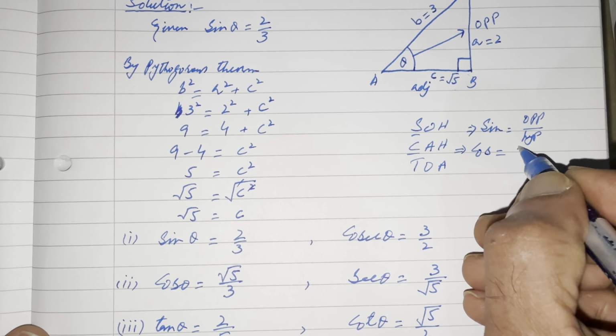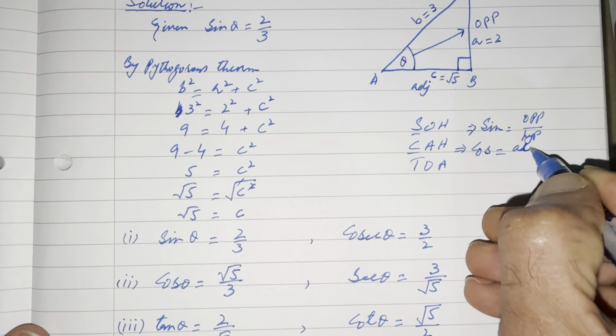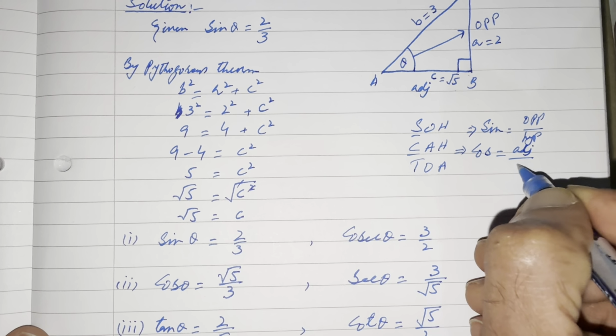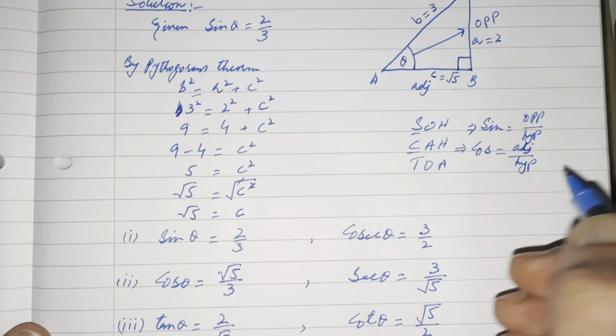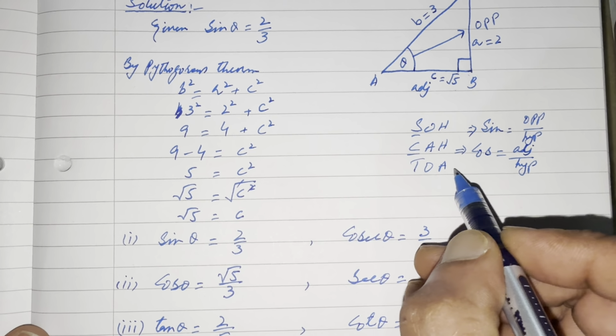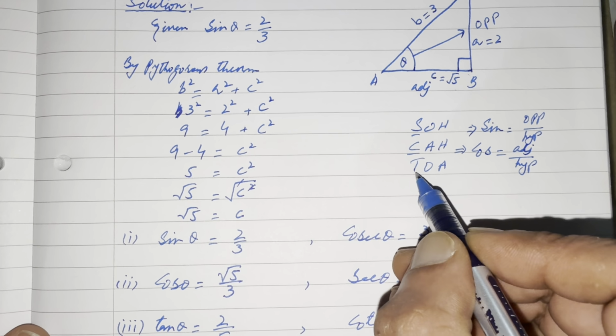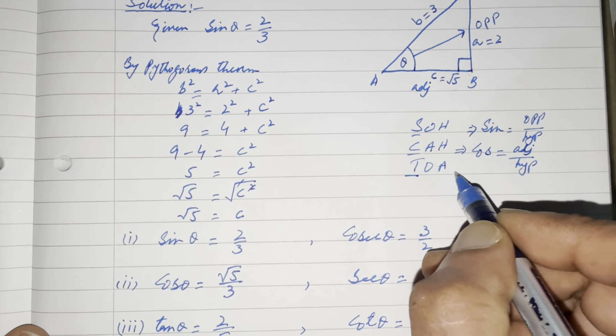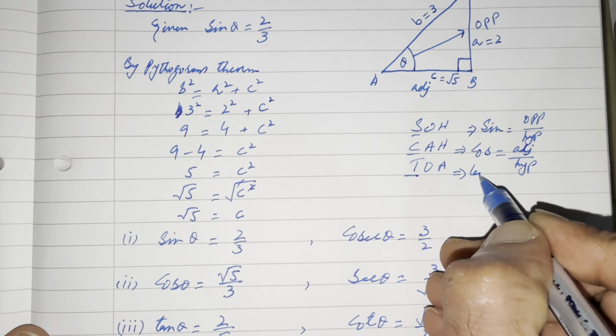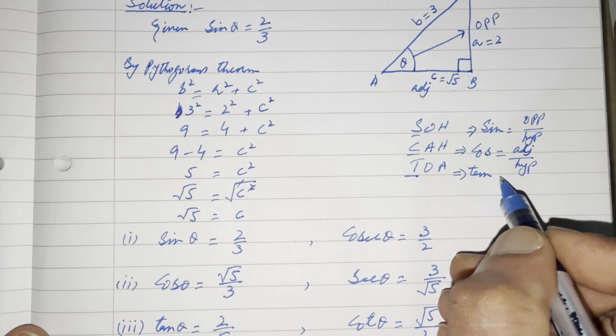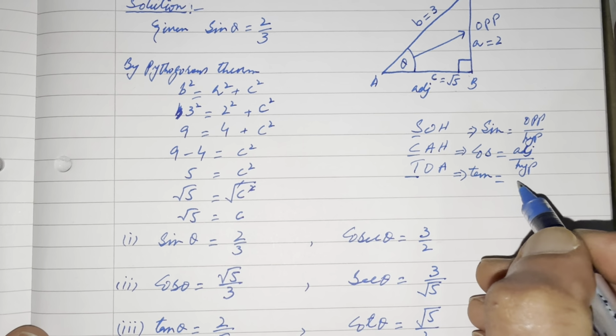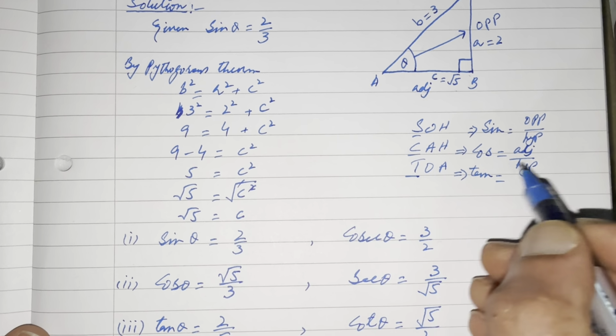So we can say that adjacent over hypotenuse. And TOA, T for tangent, always equals opposite over adjacent.